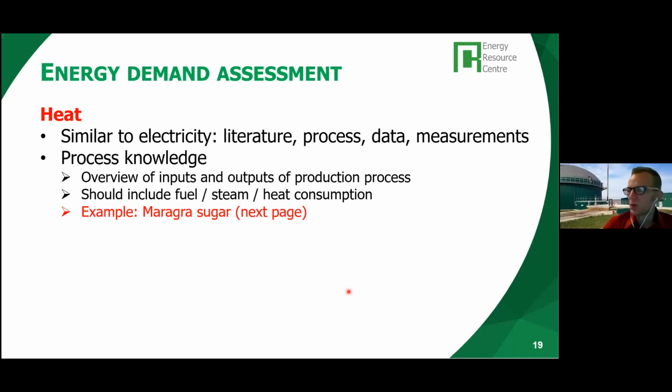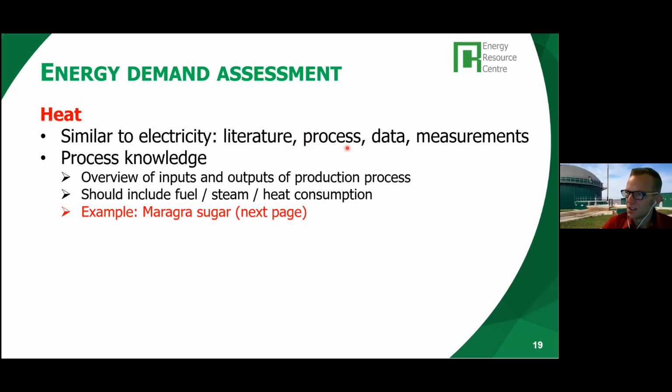So that was more or less electricity. Looking at heat, you may find more or less the same steps that you can use for gathering the information that you need. On the one hand, there's literature, indications of the heat or the steam consumption.